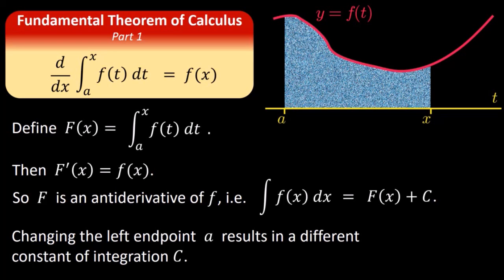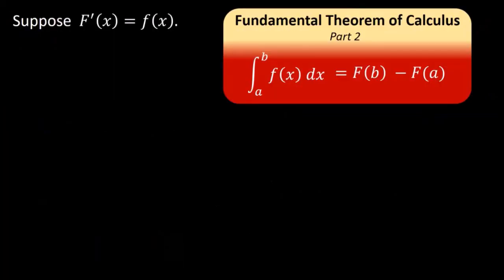Now we're ready to look at the second part of the fundamental theorem, and it's kind of the reverse of the first one. So I'm going to start with, again, a capital F and a little f. Capital F prime is little f. So capital F is the antiderivative of little f.